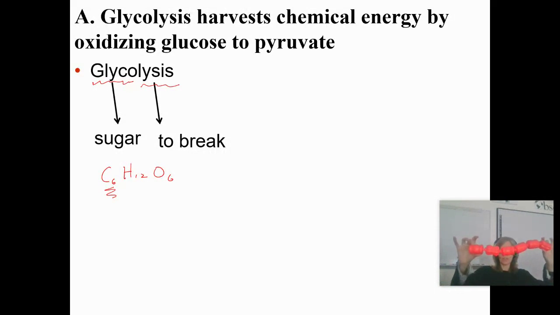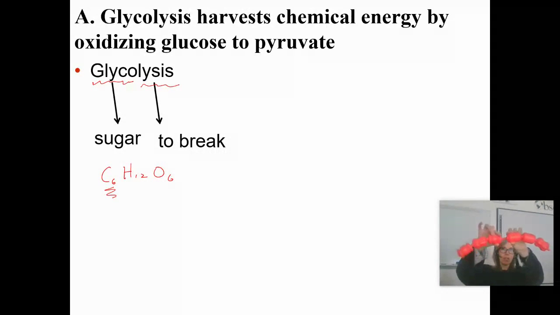And if I'm going to do glycolysis, I'm going to end up breaking it in half like this. And so you started with 6 carbons. Each red bead is supposed to represent a carbon, and there are OHs and Hs sticking off these. But when you break it, you get these 2 molecules, each with 3 carbons. 1, 2, 3. And so that is what's going to happen.